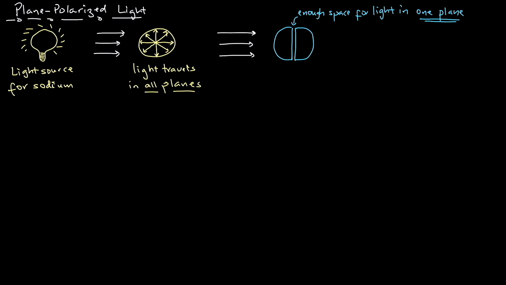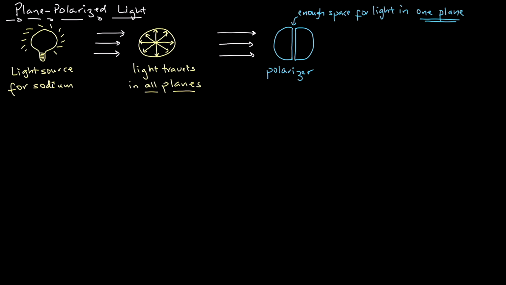And then now imagine if you take that light and you pass it through a very thin slit. So this is what we've denoted in this particular blue diagram. And that slit opening is just enough space for light to travel in one of the planes that you were previously traversing through. And we call this a polarizer.